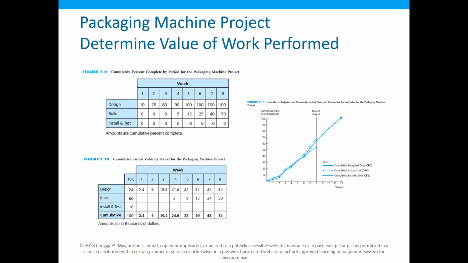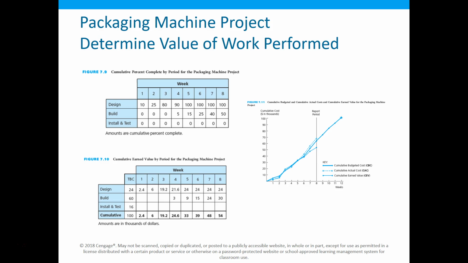So Excel is really great for these kinds of things because it can make all these calculations for us. So notice we just listed our cumulative percent complete in here. So 10% complete, 25, 80, 90, 100, and then it's going to stay 100. It doesn't magically go above that. 5, 15, 25, 40, 50.